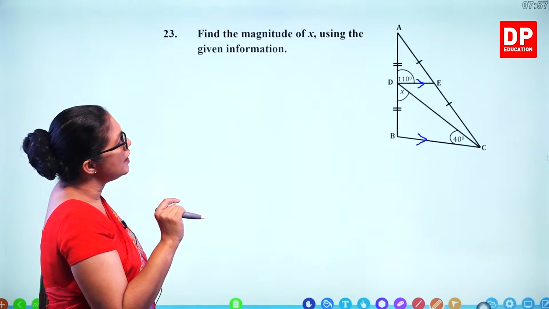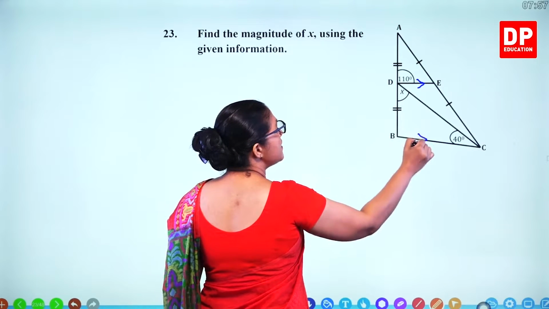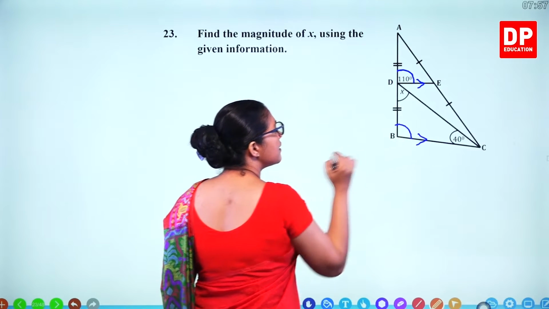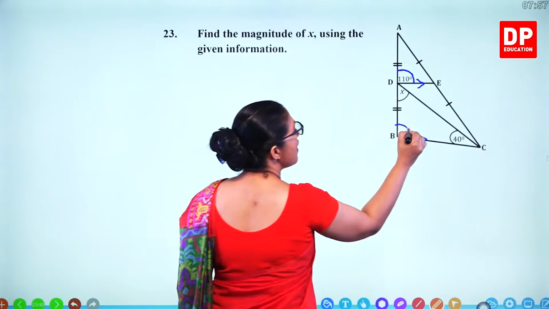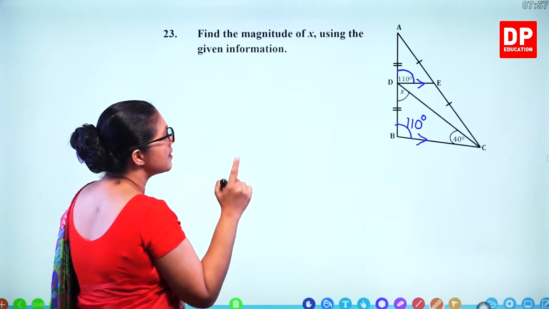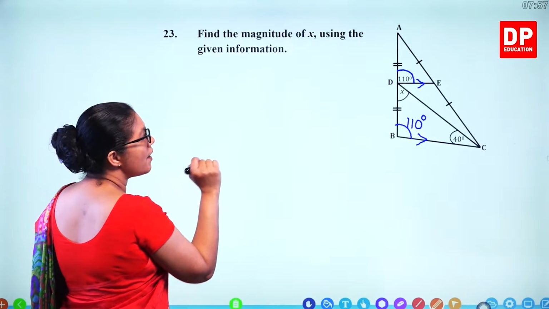Then what else do we know? If the two lines are parallel, this angle is same as this. Corresponding angles are equal. So this is 110. Now you can find x. In a triangle, the sum of angles add up to 180.